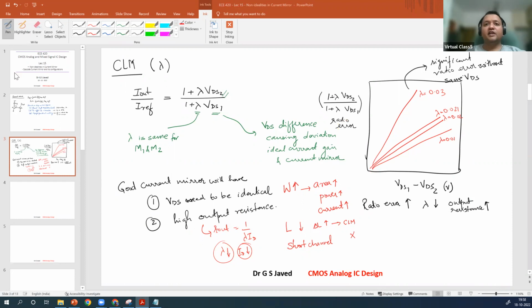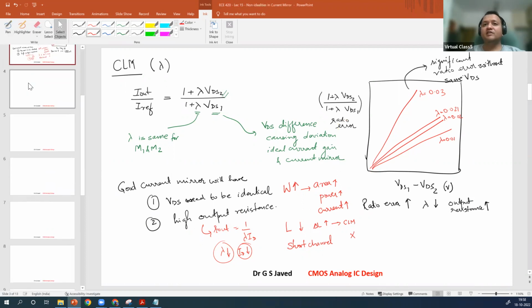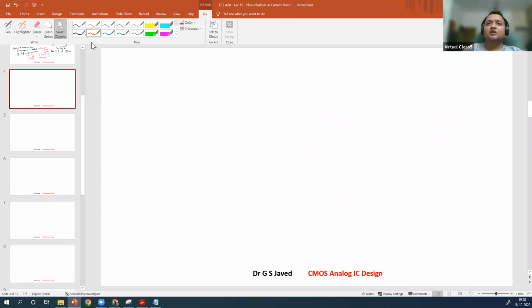Now, what is the intuition that you have? The intuition that we can use is what we have learned from previous class. What did we learn? We learned cascode structures, right? And the basic importance of cascode structure was that it gave high output impedance, right?